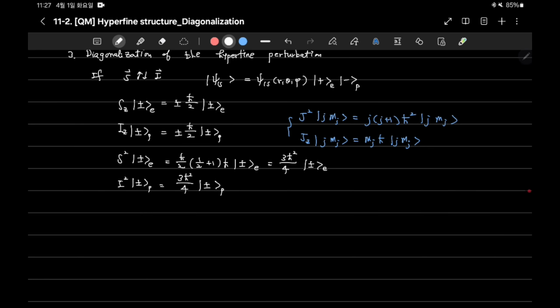Now we think about the electron spin state and the proton spin state. The electron spin is 1/2 with ms = 1/2. For the proton, the spin is 1/2 and mi is minus 1/2.